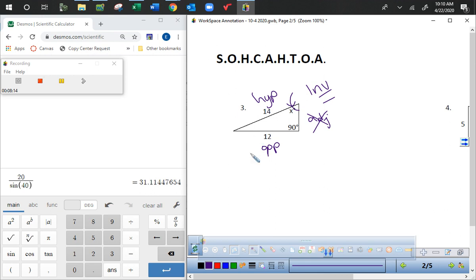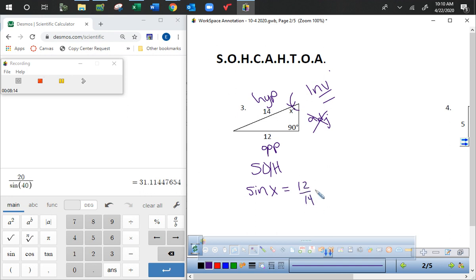But O and H, just like last time, is going to use SOH. What's different is we have one more step. We have to do the inverse after we set up this equation. Let's look at what that equation looks like. S is for sine. After that is always the acute angle. Our acute angle is x here, that thing we marked. Then it's equal to this fraction, O over H, which looks like 12 over 14.